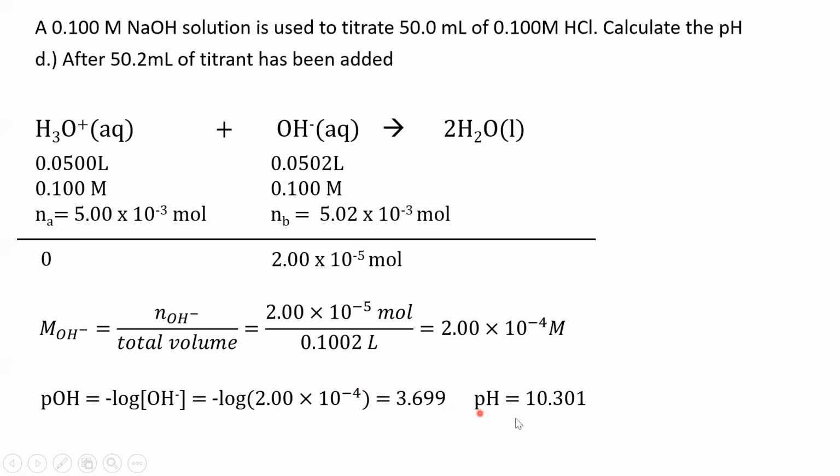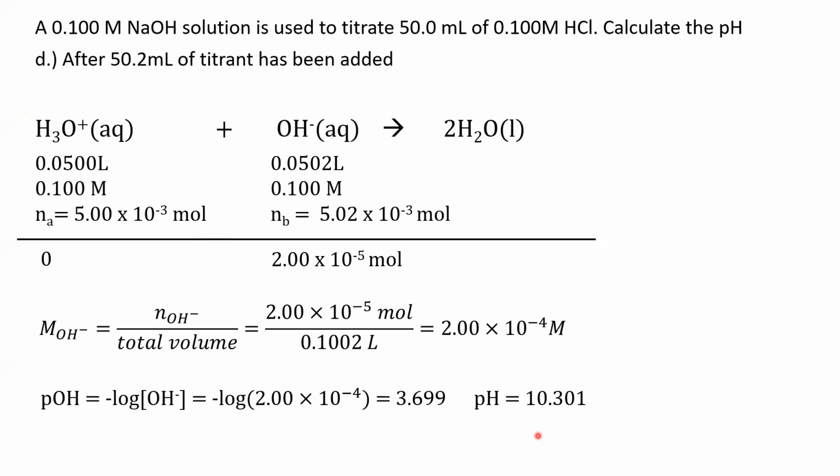If we subtract it from 14, then that'll give us the pH. So what we did is we looked at that titration curve in 4 different places, and the calculations that we've done here match up with those 4 places on the titration curve.